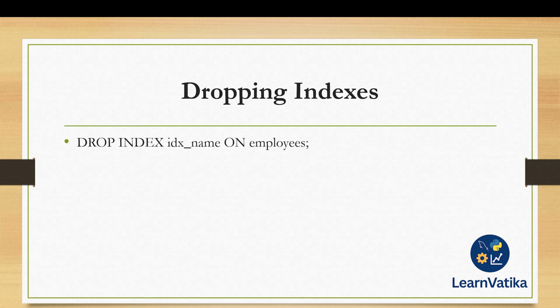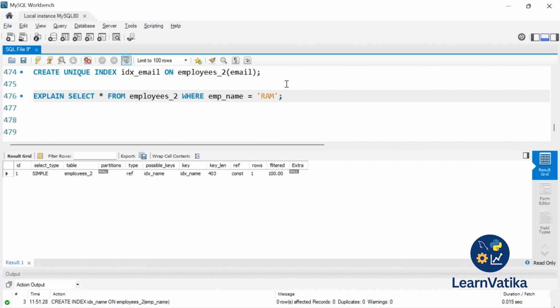If we want to drop an index from a table, then we can use the drop keyword. Okay. To drop an index, we need to write the query as drop index and the name of the index.